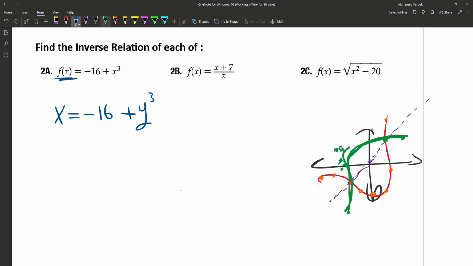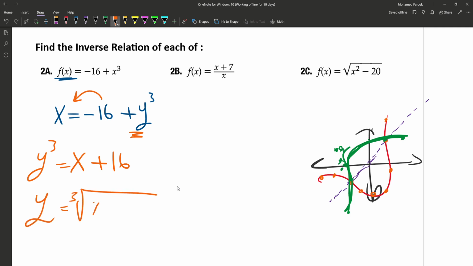So you will do just some algebraic steps so that you can separate y. I'll move negative 16 to the other side. I will start with y power 3 is equal to x. Negative 16 will be positive 16, so it will be x plus 16. And the last step is taking the cube root, so it will be cubic root of x plus 16. And here is your inverse relation.